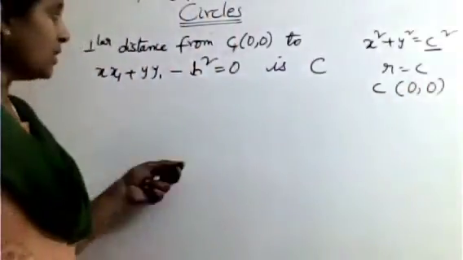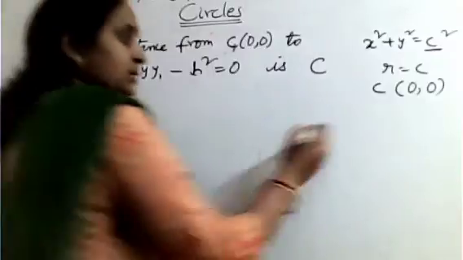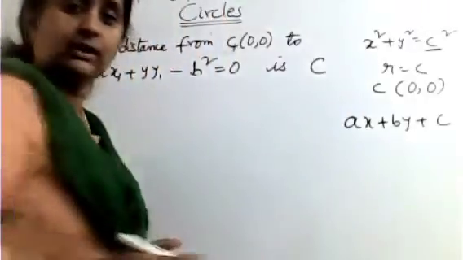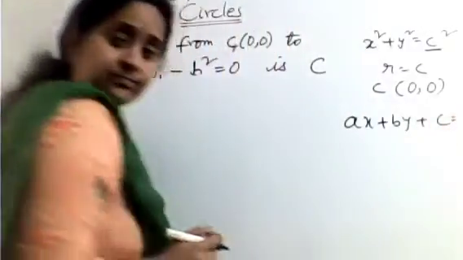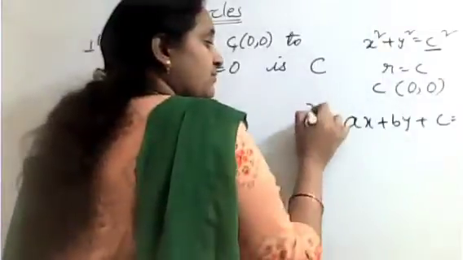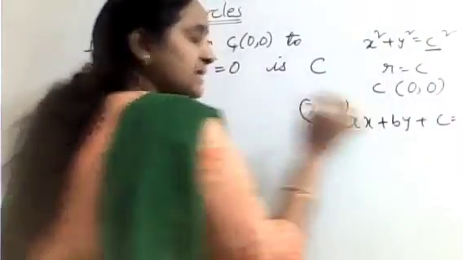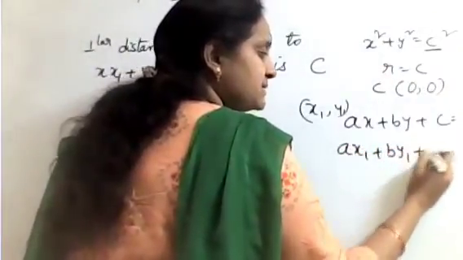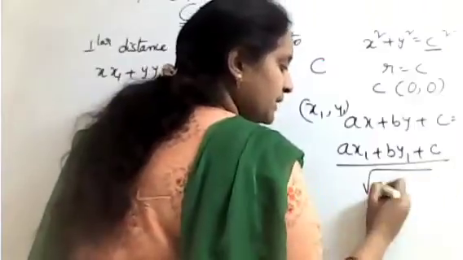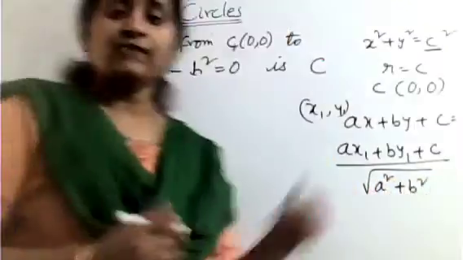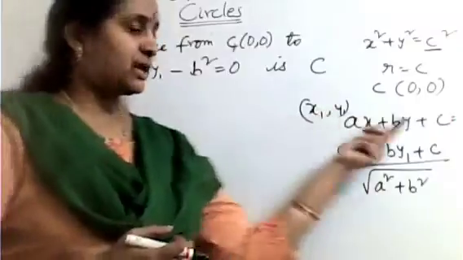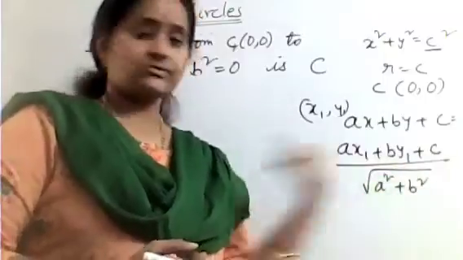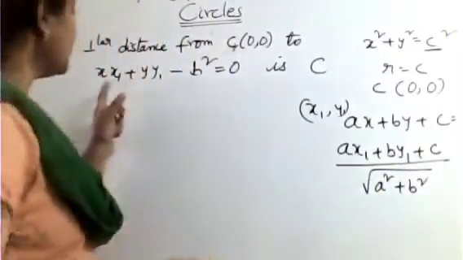What is the perpendicular distance formula? For a line ax plus by plus c equals to 0, the perpendicular distance from a point (x1, y1) is |ax1 plus by1 plus c| divided by root of a square plus b square.